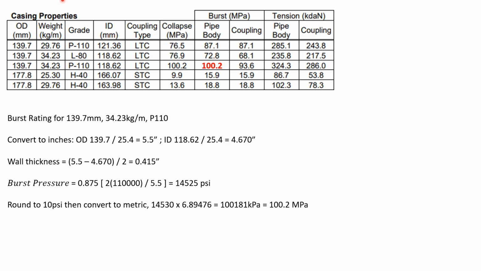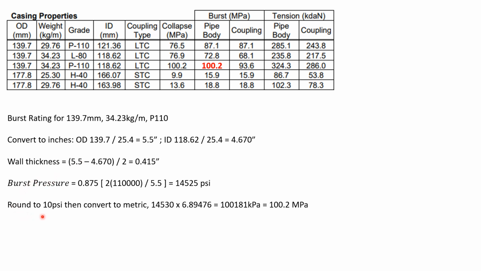We then use the burst calculation formula, which is 0.875 times 2 times the yield strength of the casing, which we can get from the grade, divided by the outside diameter in inches. That gives us 14,525 psi.